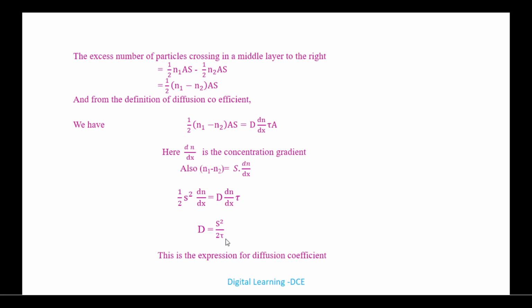Here tau is the time interval through which the gas molecule flows through the imaginary cylinder, and this equation represents the coefficient of diffusion, and this is derived by considering irregular motion of the suspended particles.